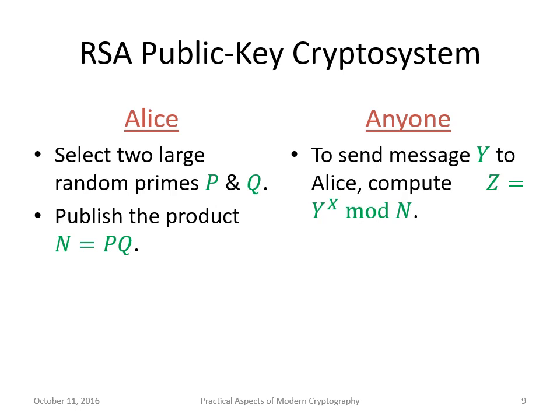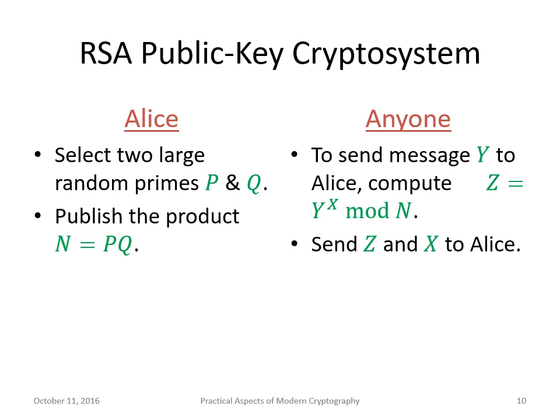Anyone is going to send z and x to Alice. But remember that even knowing what z and x are, figuring out the discrete logarithm to calculate what y is is very difficult.